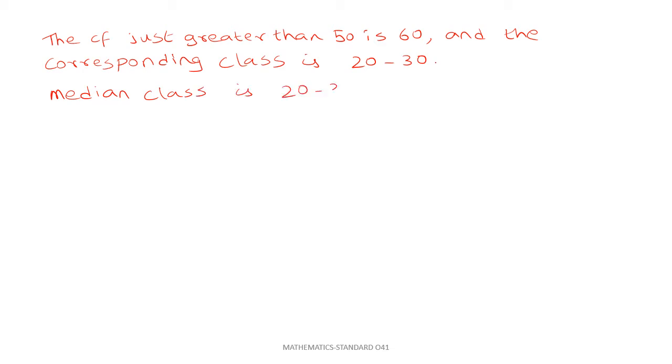So what is the median class? The median class is 20 to 30. Now what are the things we need? We should know the L value. L is the lower limit of the median class. After finding the median class, we can find the L value.